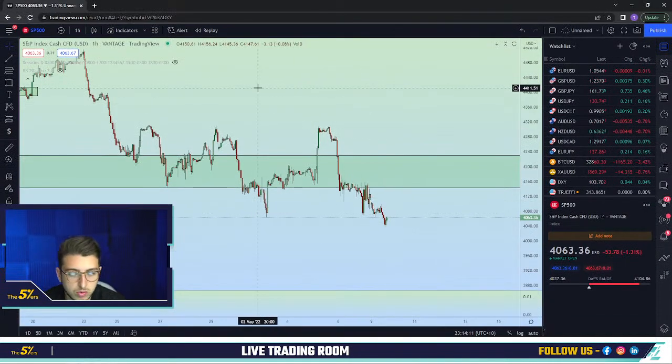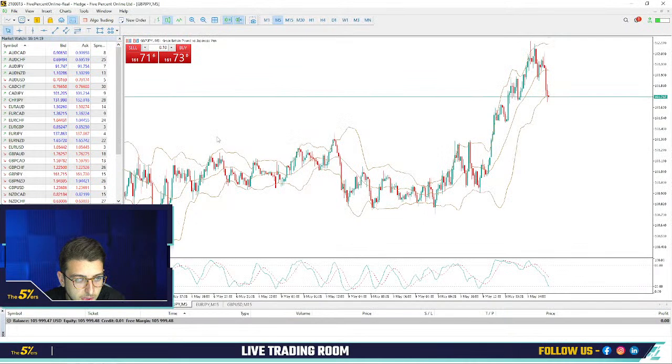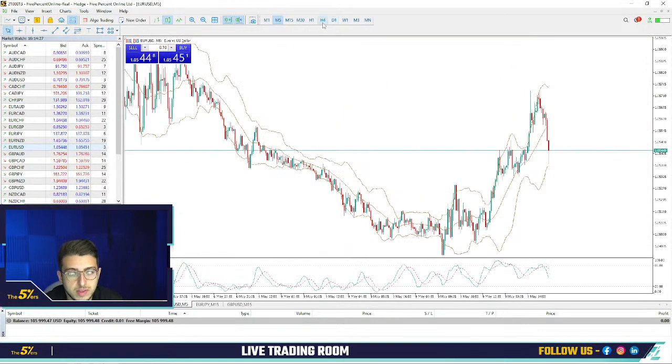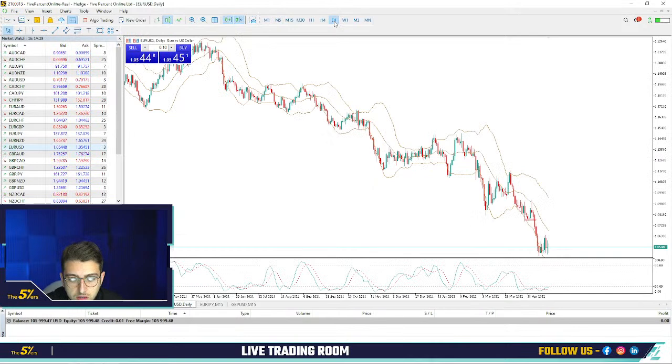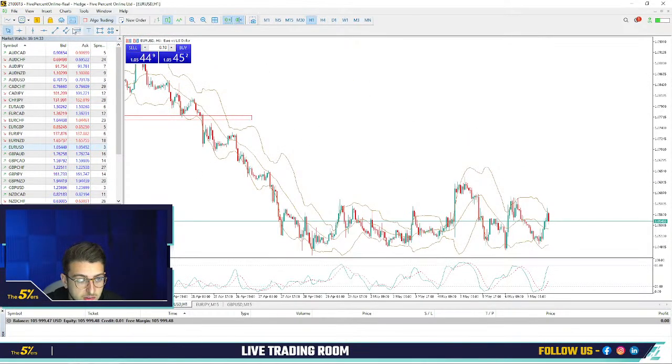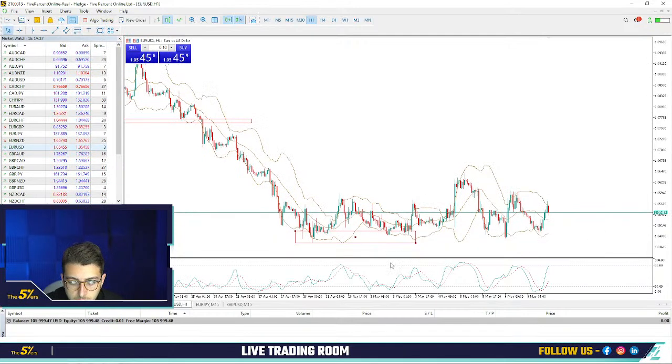I want to move on to some commodities and some Forex pairs into the MT5. One of the first opportunities that came this morning at the opening was the euro dollar, that still respects this huge daily support here.